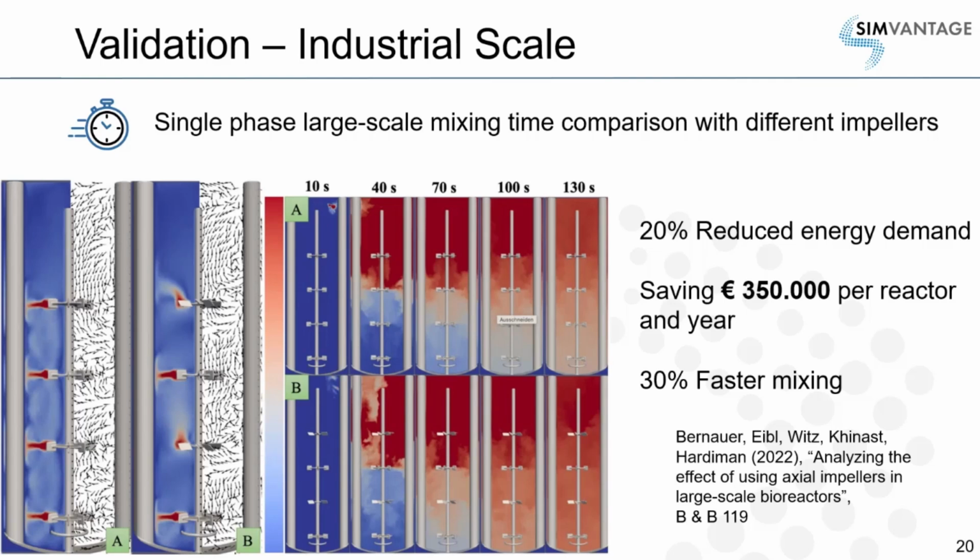So the stirrer configuration was changed in the real reactor, and they had a 20% reduction of energy demand while achieving a 30% faster mixing, saving them approximately 350,000 euro per reactor per year. And this is also published in a paper of 2022.